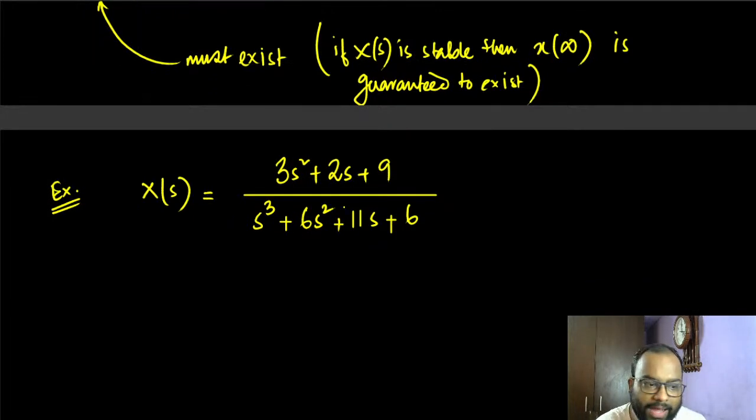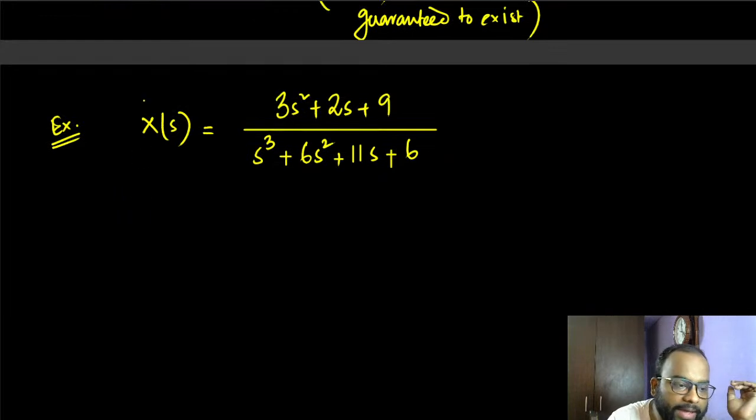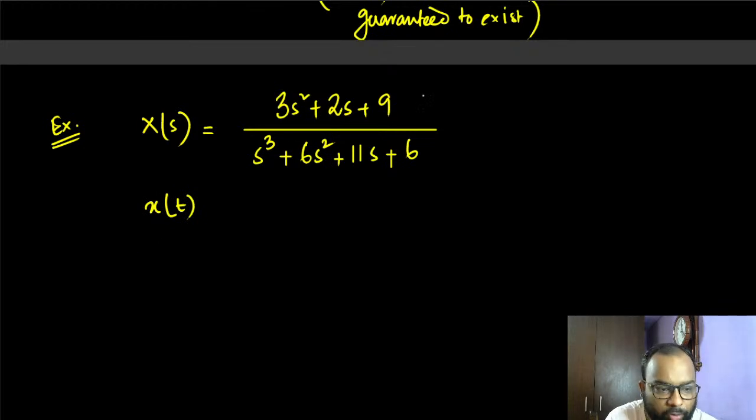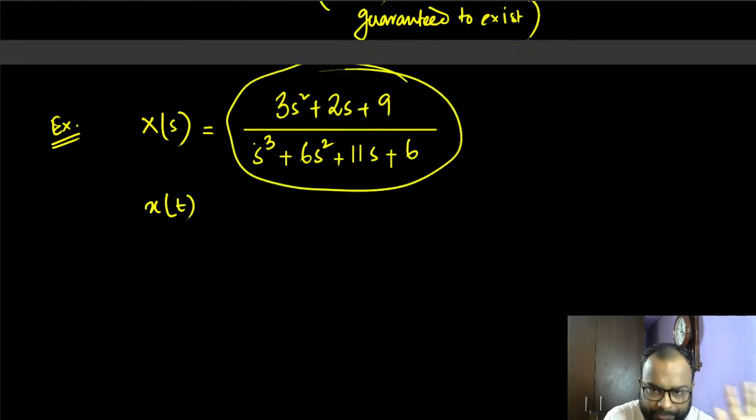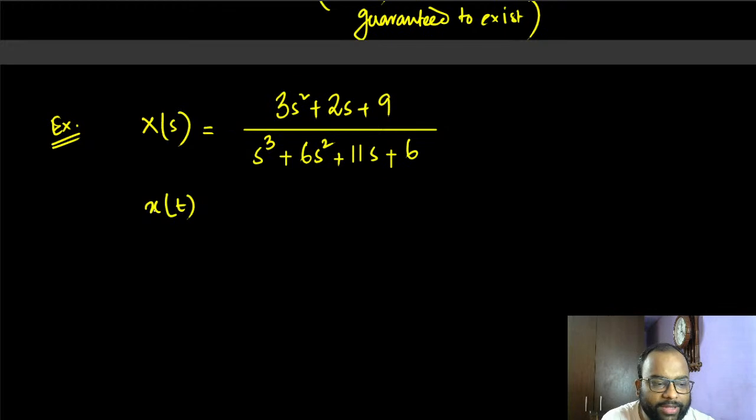What I now want you to find is the value of x(t). If I ask you to find x(t), you have to take an inverse Laplace transform on this. Let me assure you, it is not very difficult, but not easy either. So you might want to skip that part.